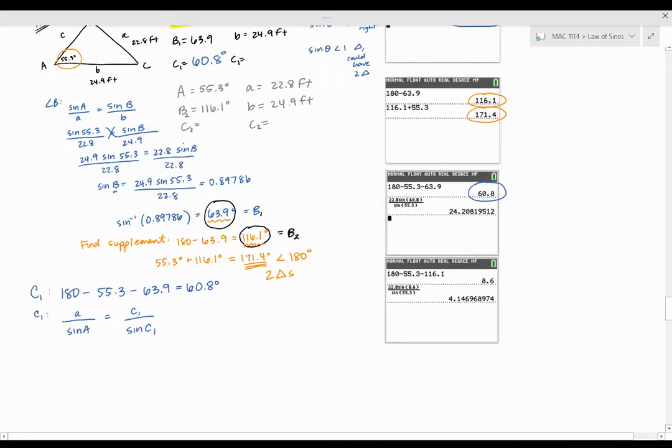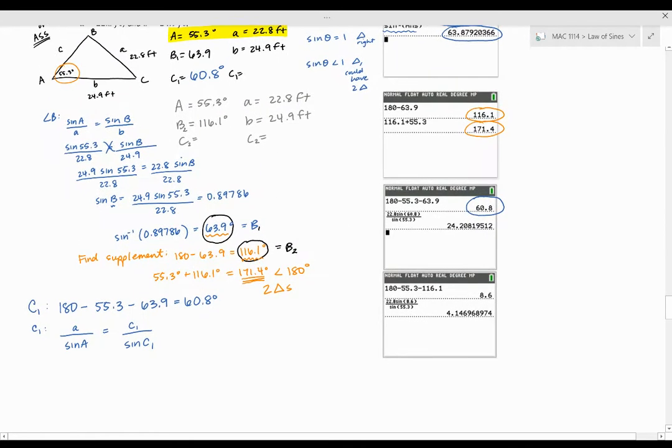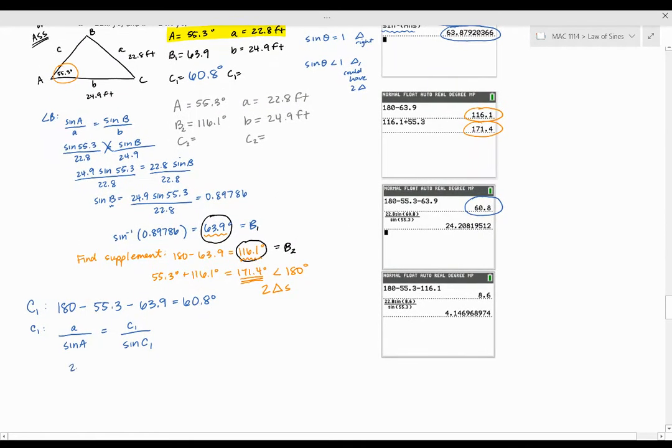Little a is 22.8 over sine of 55.3 equals little c1 over sine of C1, which is 60.8.